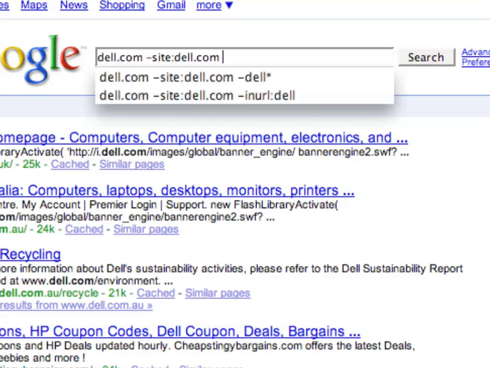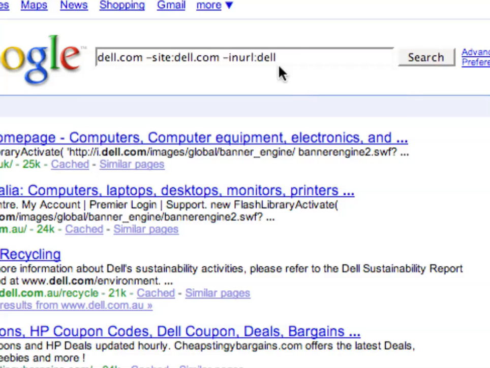So the other way to do this is with the inurl:dell operand. The problem with this approach is that we would also exclude pages that are not included in the Dell.com site, but that include dell as part of the URL somewhere in the deeper levels of the URL.